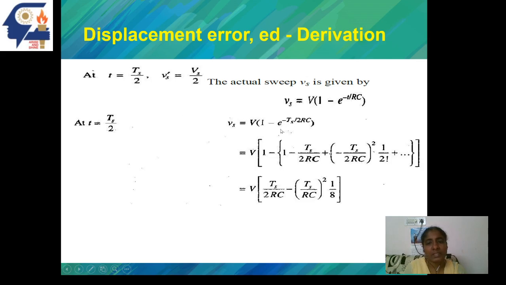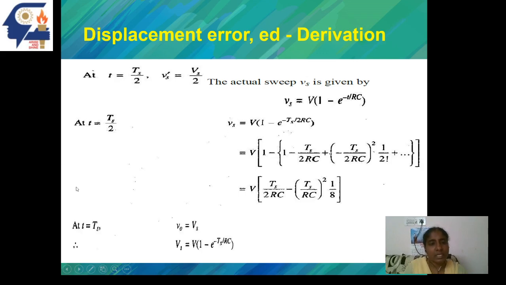If we expand this e power minus x, 1 minus x plus x square by 2 factorial and so on, and if we simplify, this 1 and 1 get cancelled, Ts by 2 Rc, next term is minus Ts by Rc whole square into 1 by 8. So here 1 by 2 whole square will become 1 by 4 into 2 will become 1 by 8. Higher order terms are neglected. This is the value of output Vs at Ts by 2.